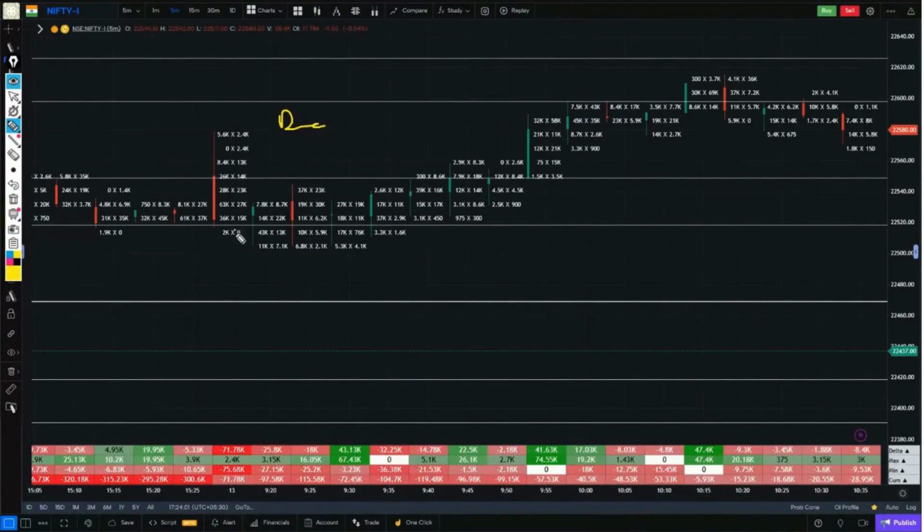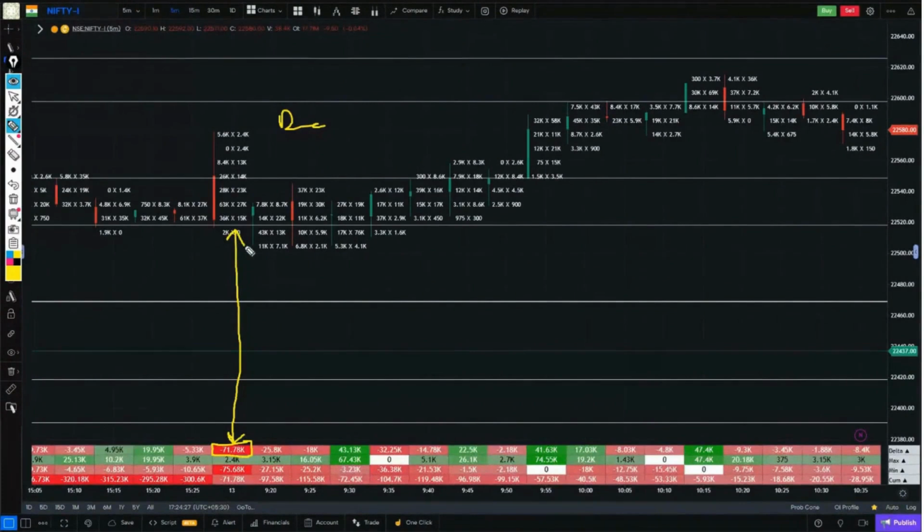For example, if we look at the delta of the first candle, it is around negative 70,000. It's around 71K, which means it is negative from the top in the red box. Negative always indicates the sellers. So, the delta of this candle is negative 70,000, so it simply means that within this particular candle, there are more sellers.